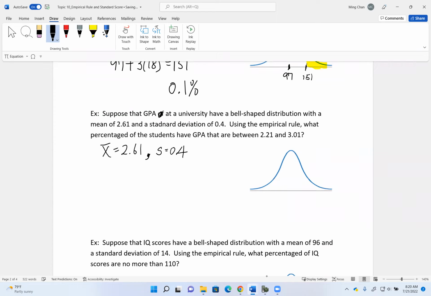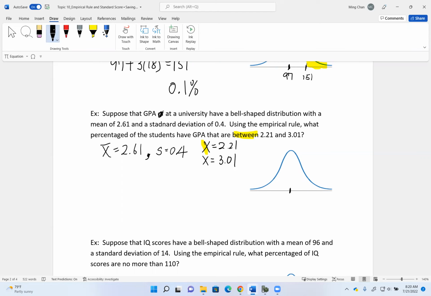Use the empirical rule: what percentage of students have a GPA between 2.21 and 3.01? They are in between 2.21 and 3.01.